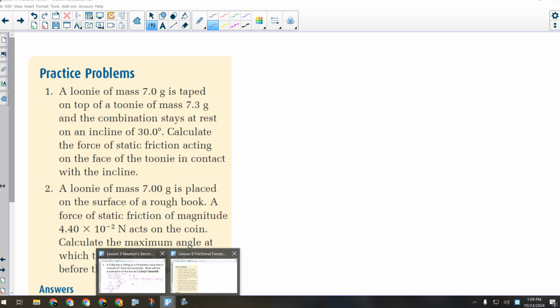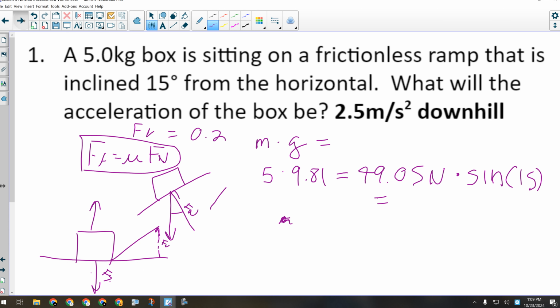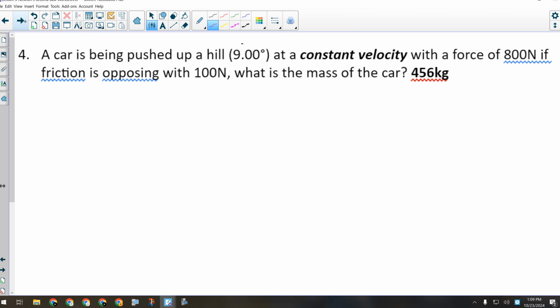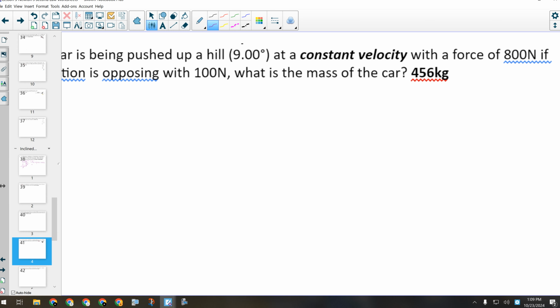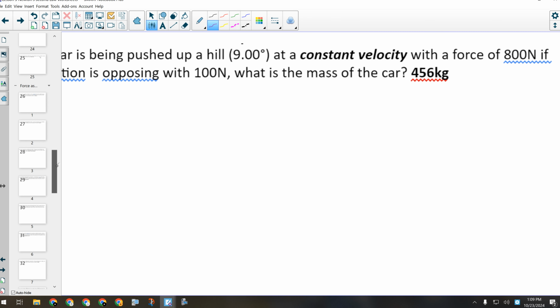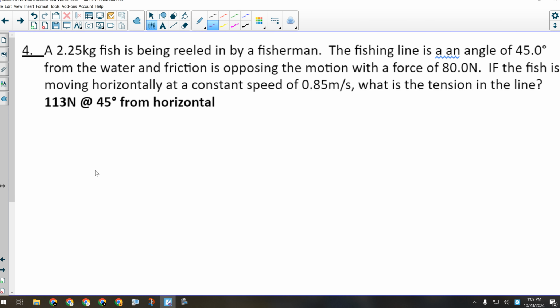What do we got here? Oh, we need the vector one. Number 4 on the vector one. Okay, so we've got this fish. I'm going to draw it over here. Now you know why free body diagrams are my friend.